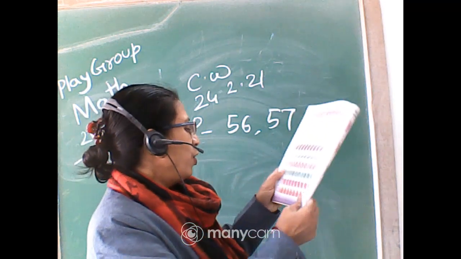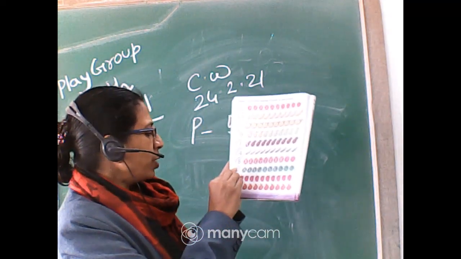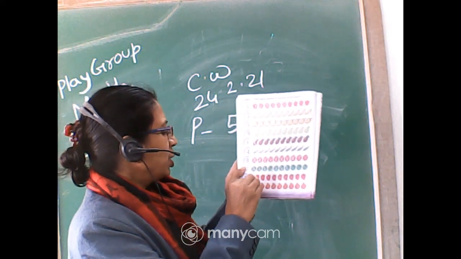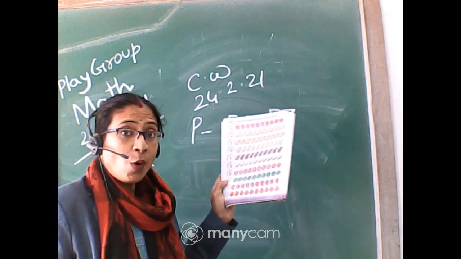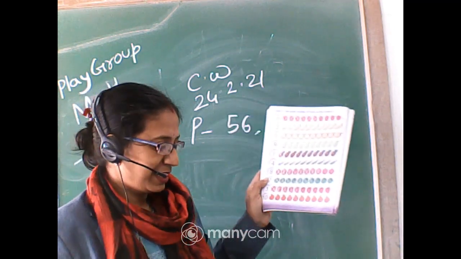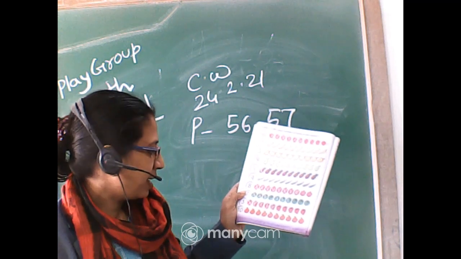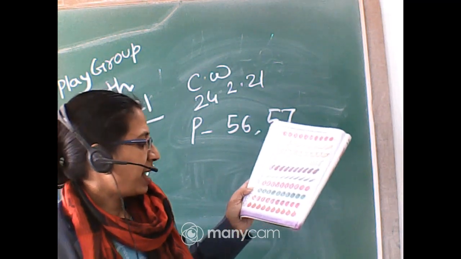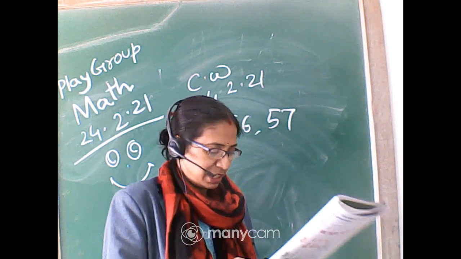Now, strawberry. 5 strawberry we have to cross. 1, 2, 3, 4, 5. Over. It is very easy. And last one, orange.